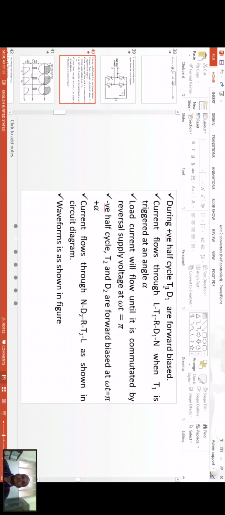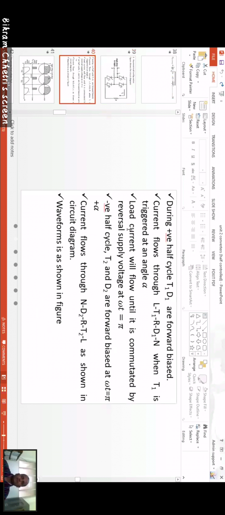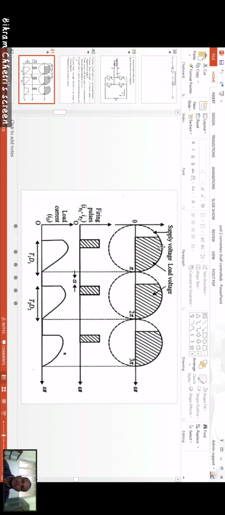T1 and D1 are forward biased, and the current flows from L, T1, R, D1 and N. T1 will be triggered, so the load current will flow until it is commutated by the reverse supply voltage when omega t equals pi.